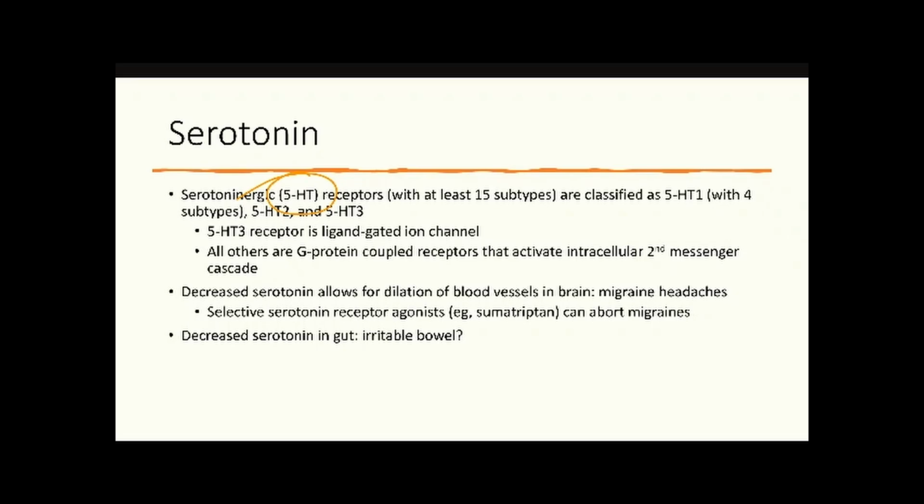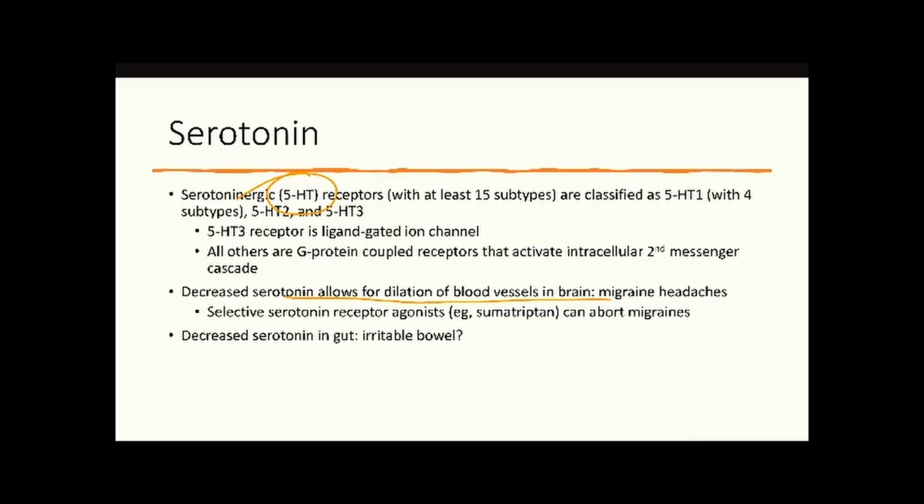So decreased serotonin allows for dilation of blood vessels in the brain. When your vessels dilate, that causes the headaches to happen because more blood, remember, everything is fixed. That's why, what helps really good with a migraine? Caffeine. What is caffeine going to do to your vessels? Constrict them, and then the headache goes away. So you take a Coke from McDonald's and you're good to go.